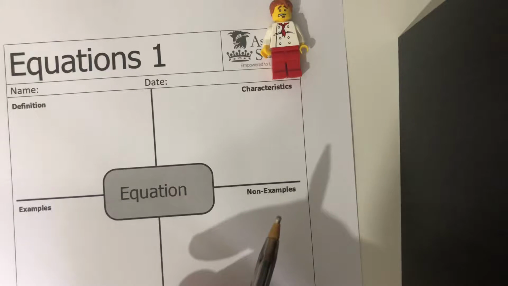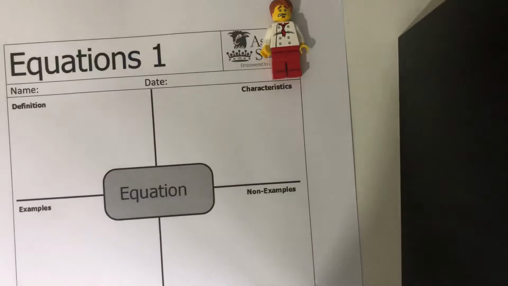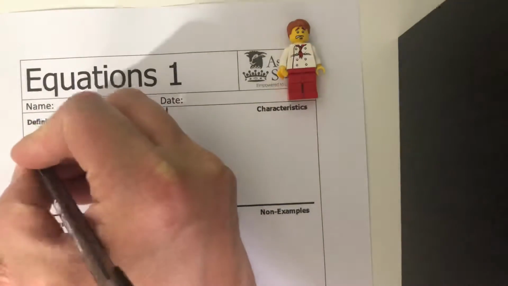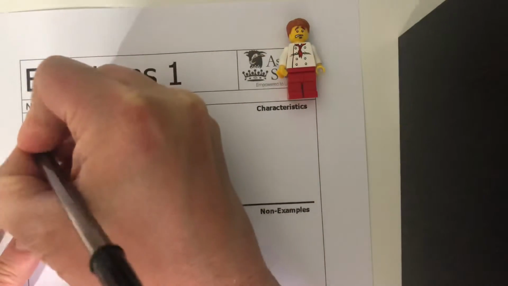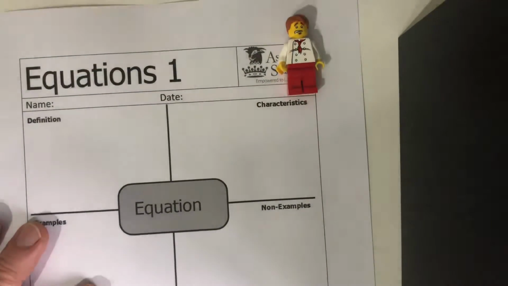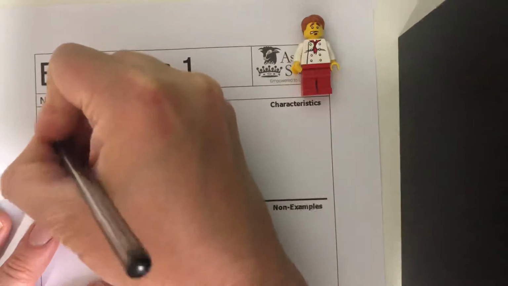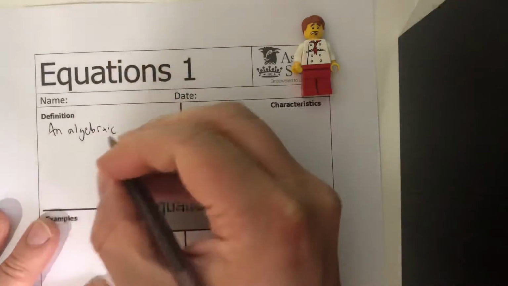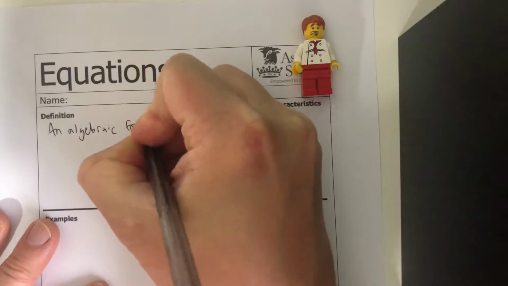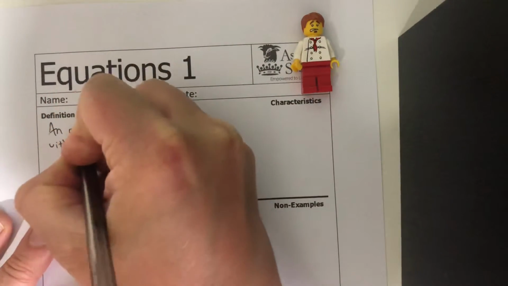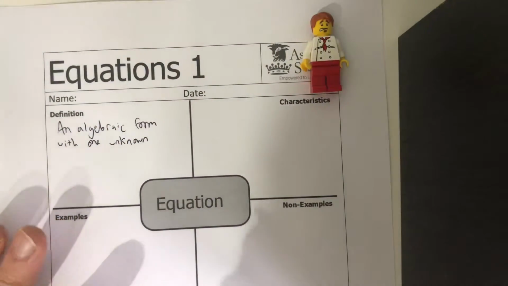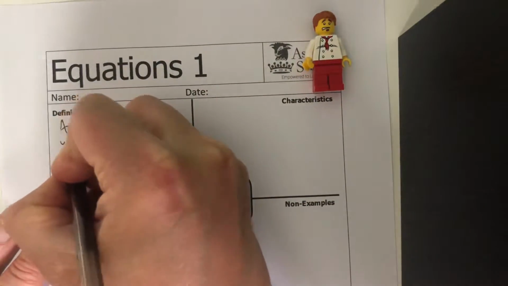We're going to go through one of these explanation grids for a start, just to remind you what an equation is. The way I would put a definition of an equation is it's an algebraic form where you always have one unknown, but it also has equal sides, and that's the important thing.